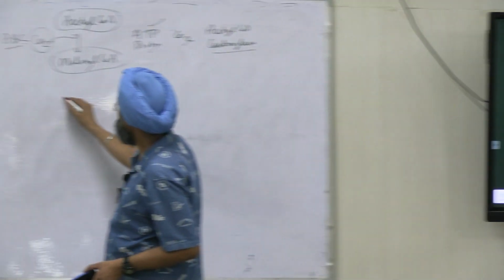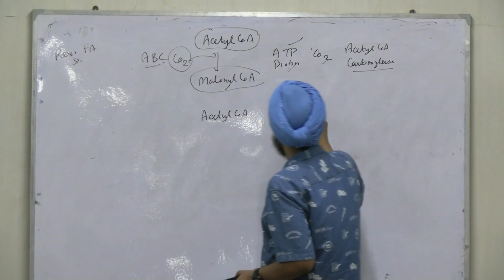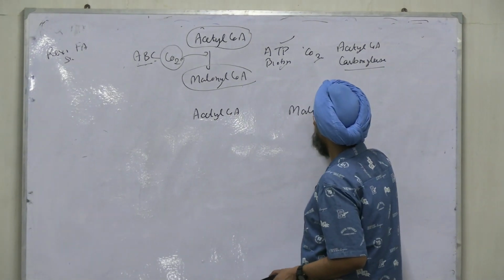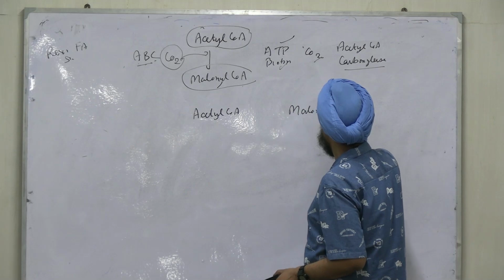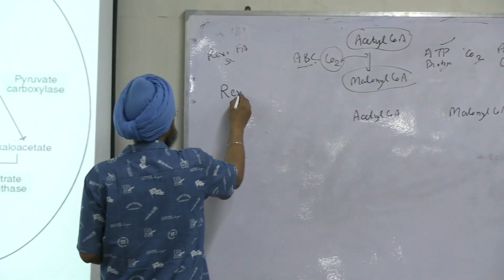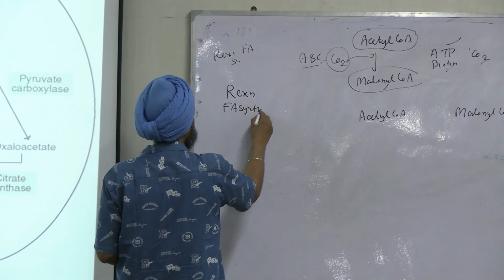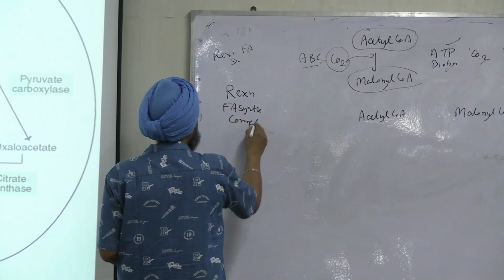Suppose we have acetyl CoA and malonyl-CoA. Now I am starting with the reactions of fatty acid synthetase complex, right?